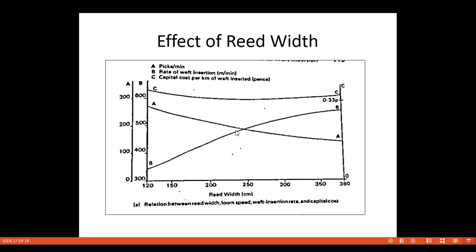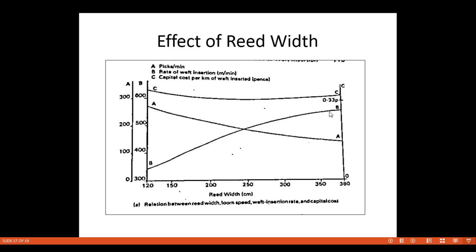Next is B. From here, as the width of the machine increases, B goes on increasing. B means weft insertion rate, the rate of weft insertion in meters per minute. How much weft can we insert in 1 minute? At this point we can insert 350 meters per minute.